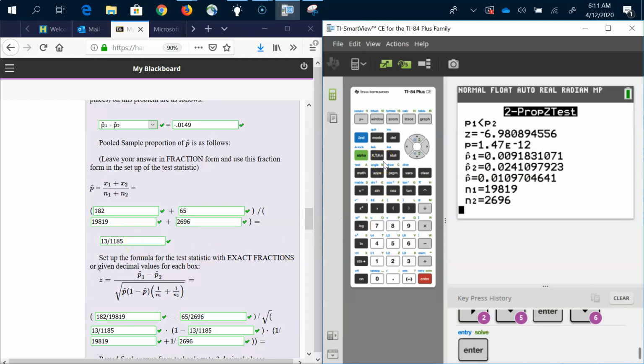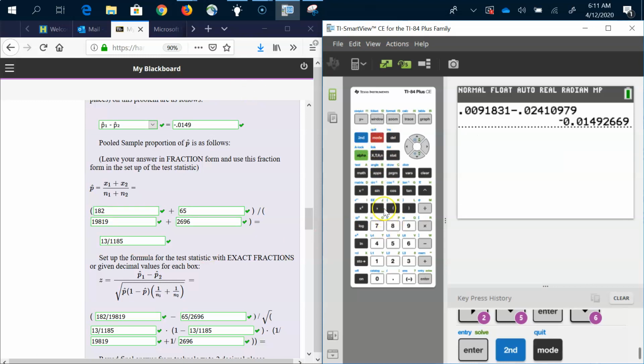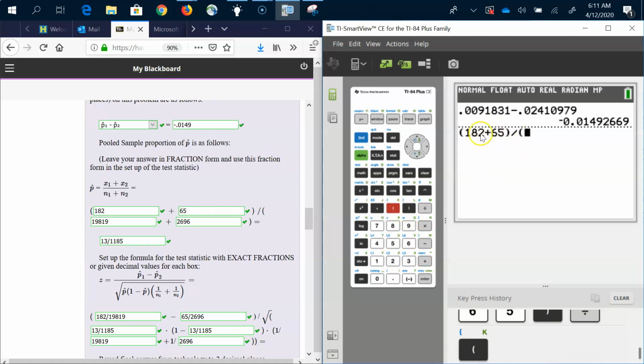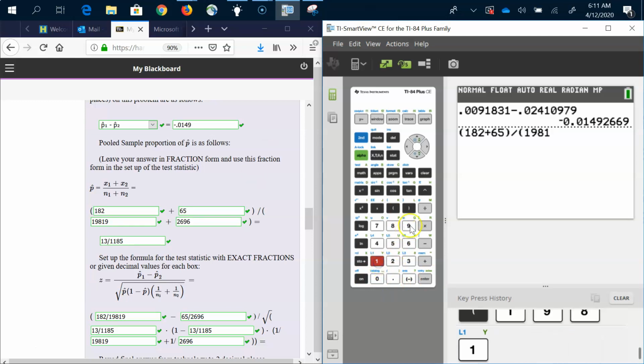Again, if you want to see this on the calculator, I'll type this up here. I've got 182 plus 65 divided by, and notice I'm putting parentheses over the entries in the numerator and parentheses over the entries in the denominator. So 19,819 plus 2,696.